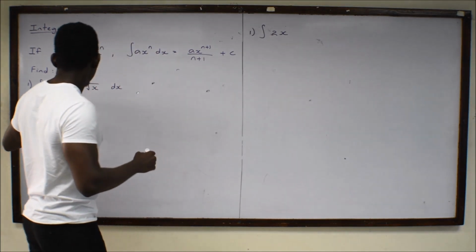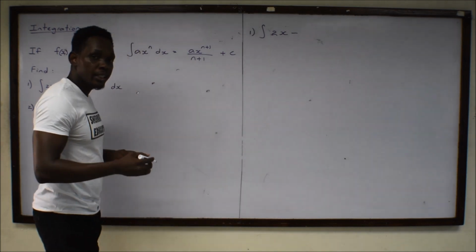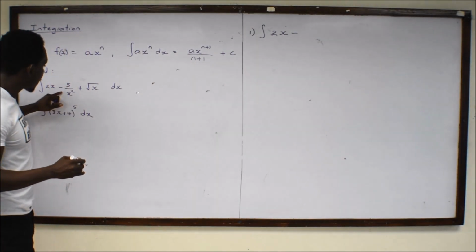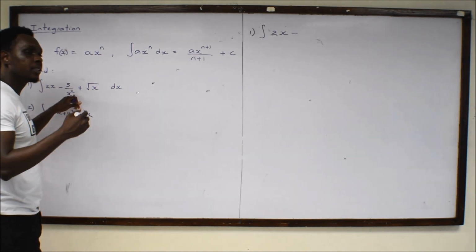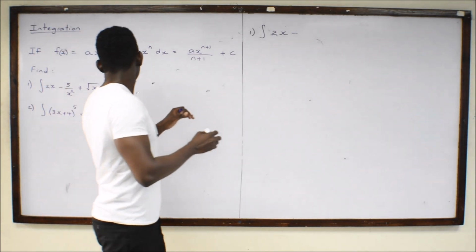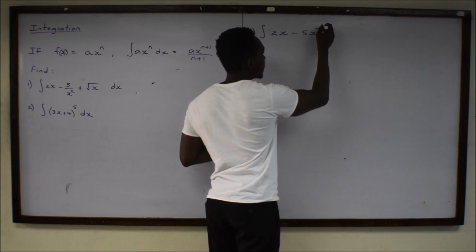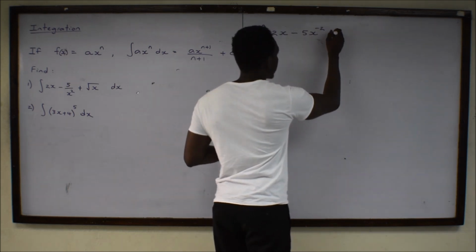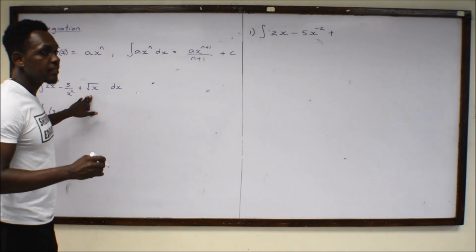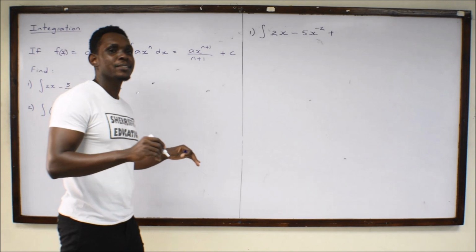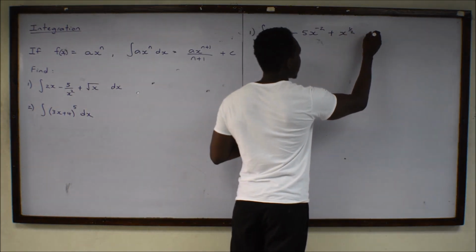Minus, using our knowledge of indices, you bring it up, so the power changes to negative: minus 5x to the negative 2, plus the square root of x is the same as x to the half.